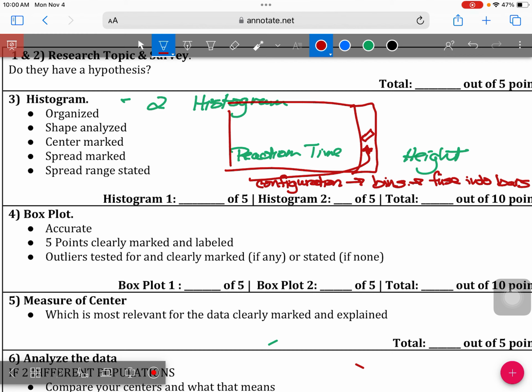You go to configuration, which is right below the ruler, put them into bins, and those bins give you a range sort of for each of your bars, and they will fuse those points into bars, and that will make a histogram. So you do that for both of your attributes, okay? So you will have two histograms here.